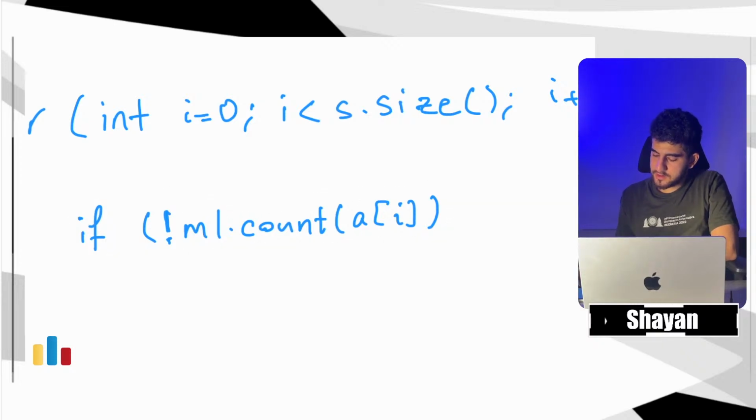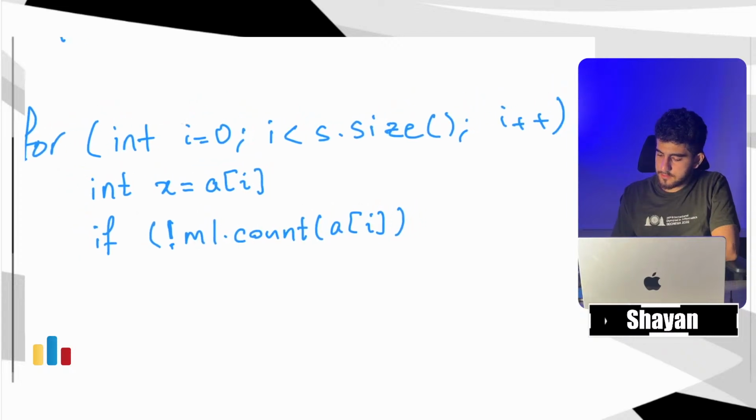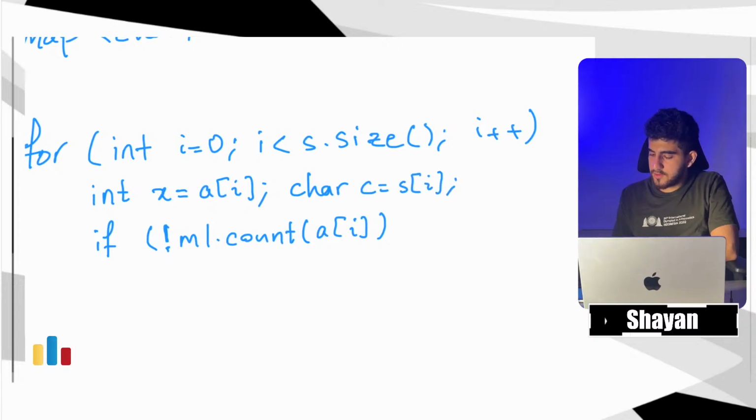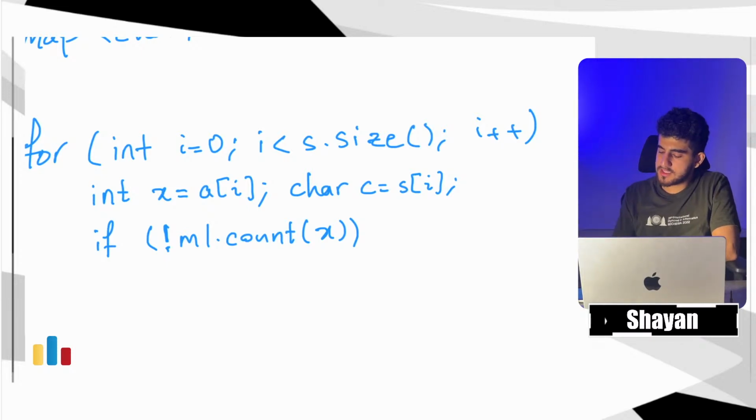And instead of A1 and S1, let's use what I have already defined, X and C. So my X is A sub I, and my character C is S sub I. So if m1 dot count of x was 0, it means that m1 of x is not defined, so it's not matched with anything. So I need to match it with C: m1 of x is equal to C.